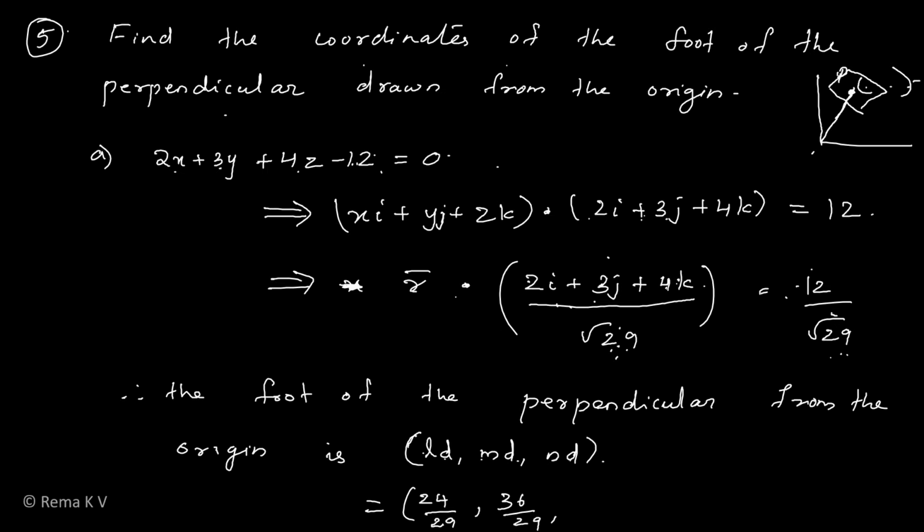Then N is 4 by root 29 into 12 by root 29, which gives 48 by 29. So you can find the foot of the perpendicular using this formula LD, MD and ND. For this you have to find out the direction cosines first and then multiply it with the distance from the origin.